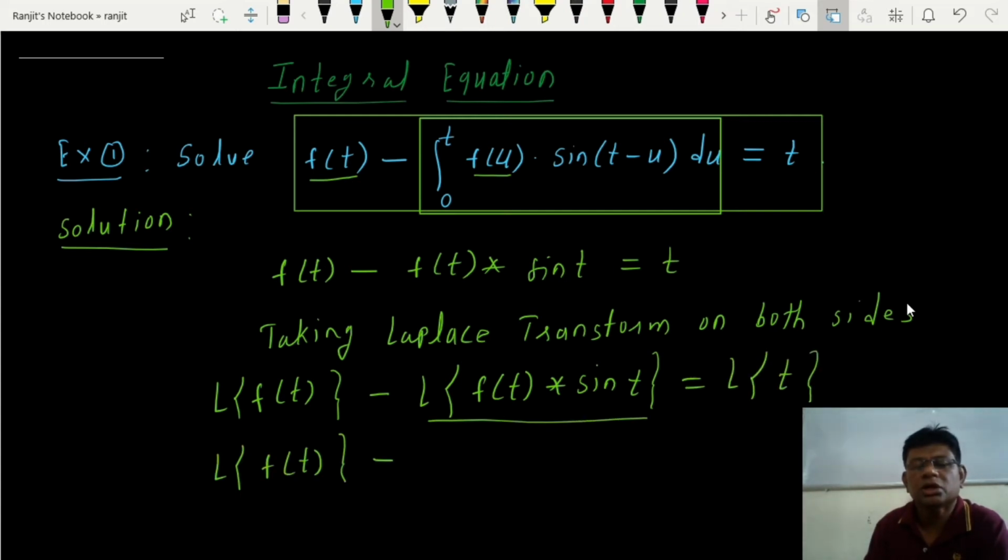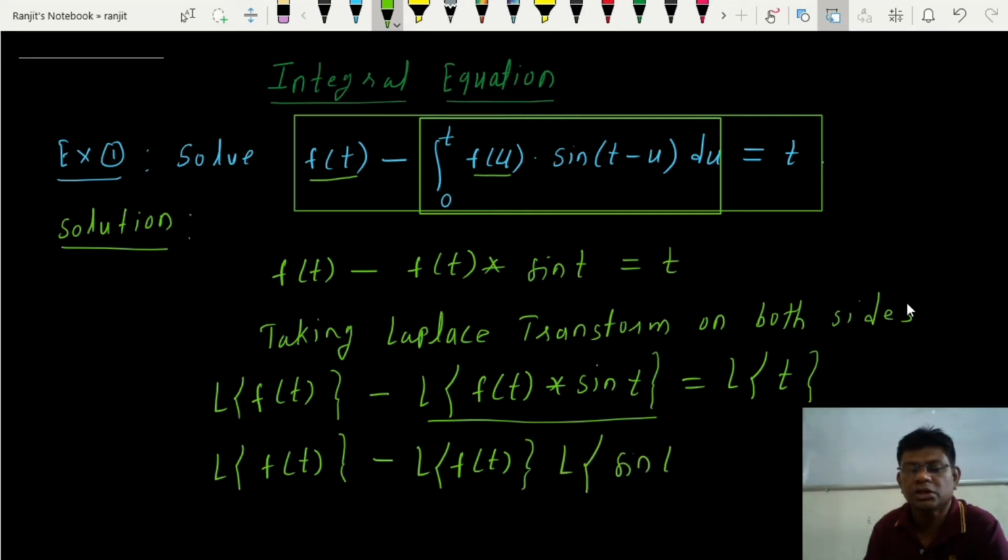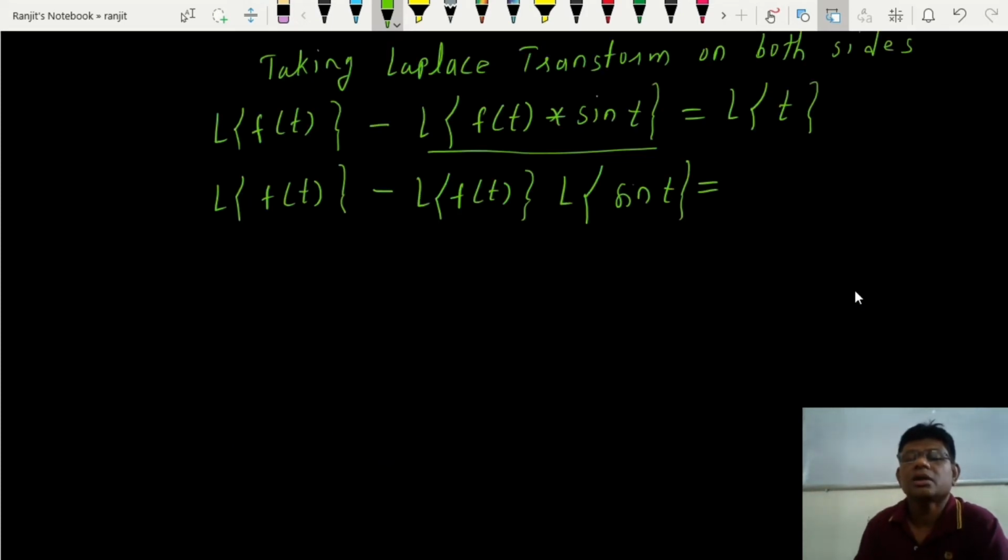Now by using the convolution theorem for Laplace transform, Laplace transform of f of t star sin t be the Laplace transform of f of t times Laplace transform of sin t. And Laplace transform of t, answer is 1 upon s square.